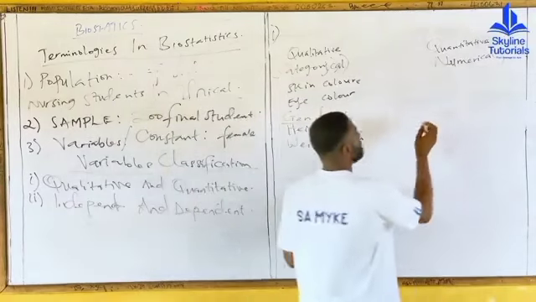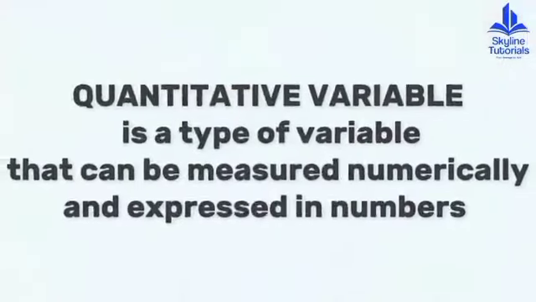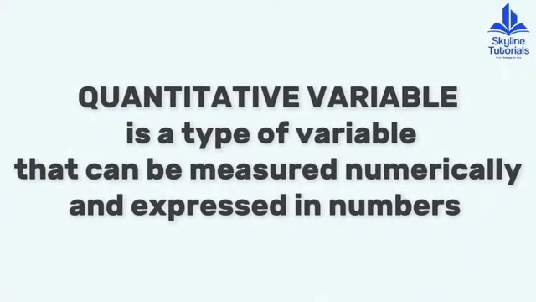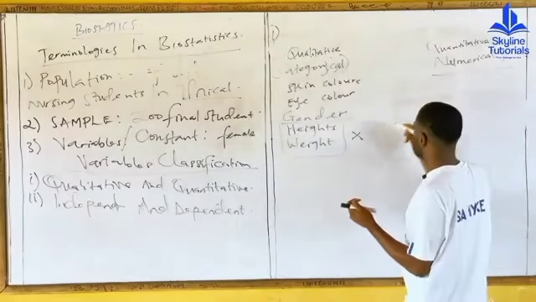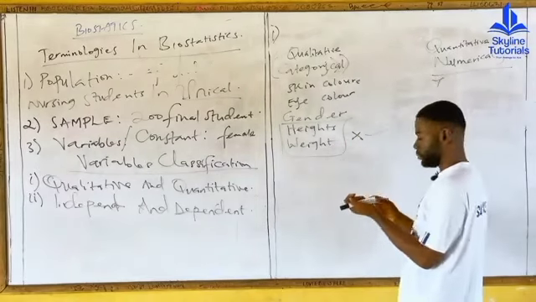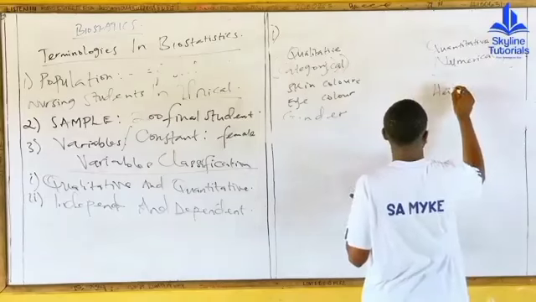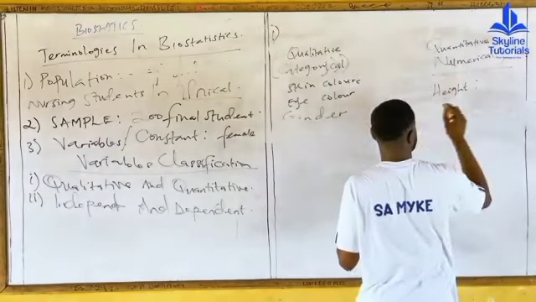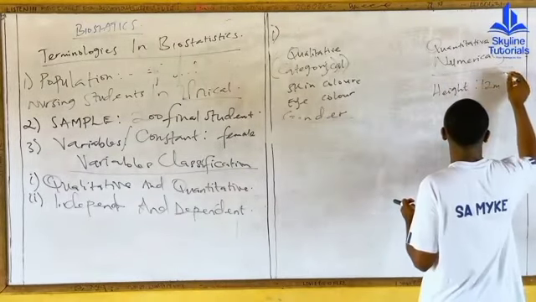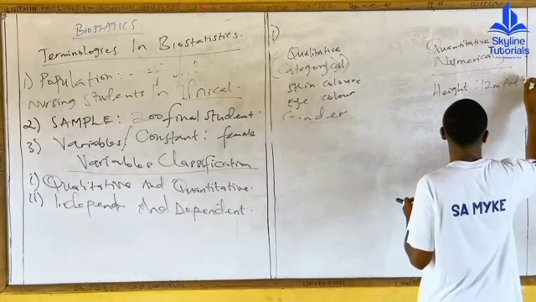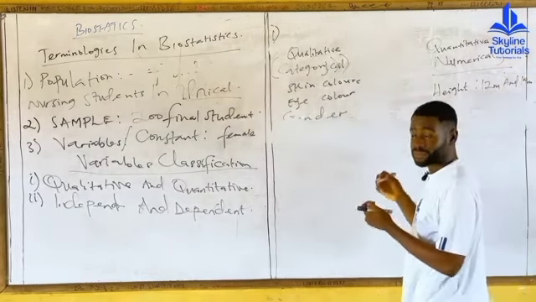Quantitative variables are simply variables that have numerical values, and this is where height and weight fit in. So we have height, let's say 12 meters tall and 14 meters tall.